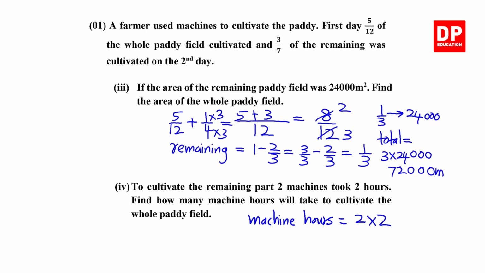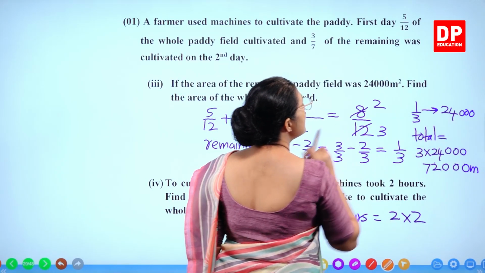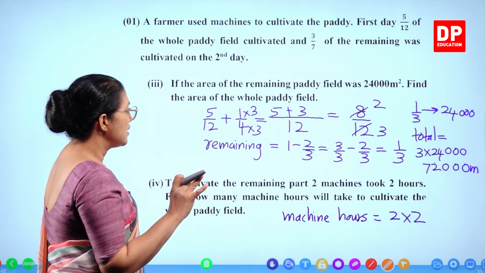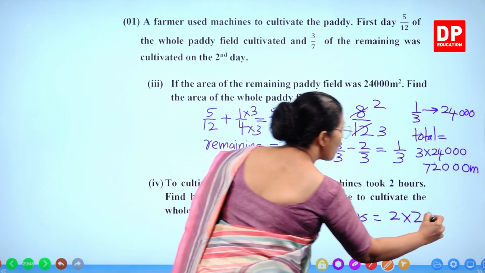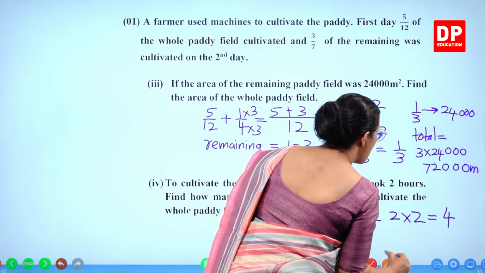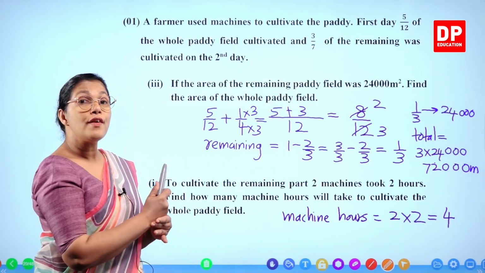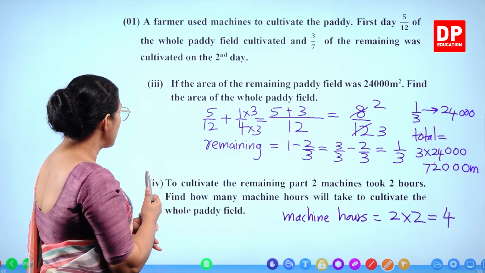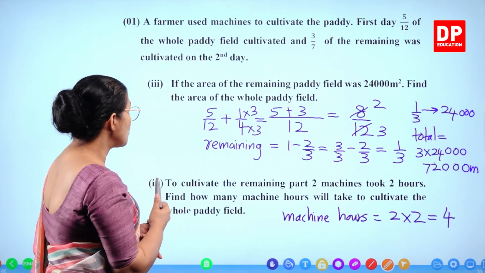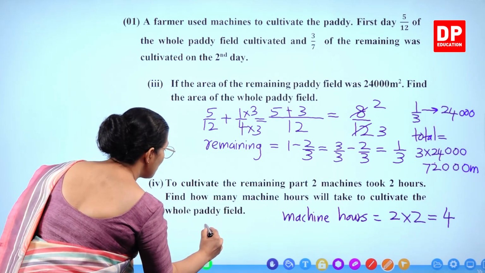So here, what is the remaining part? Now 24,000 is the remaining part. So 4 machine hours are needed for the remaining part. So they are asking how many machine hours will be taken to cultivate the whole paddy field. What's the remaining part? 24,000.